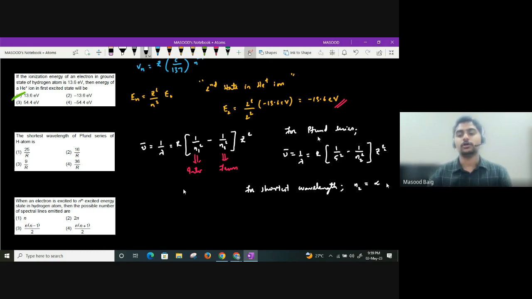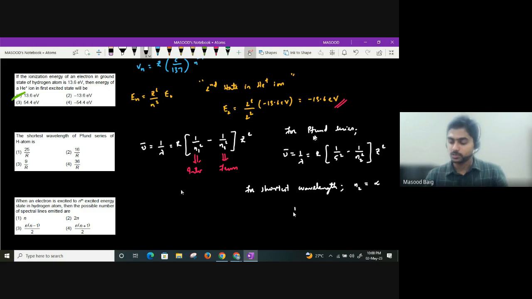When will you obtain the longest wavelength? When the transition is made just from the state above to the given state. So in the Lyman series, the shortest wavelength will be obtained when the transition is made from infinity to 1. In the Balmer series, infinity to 2. In the Paschen series, infinity to 3, shortest wavelength. Longest wavelength, guys, when the transition is made from just the level above. So for Lyman series, 2 to 1. For Balmer, 3 to 2. For Paschen, 4 to 3. For Brackett, 5 to 4. For Pfund, 6 to 5.